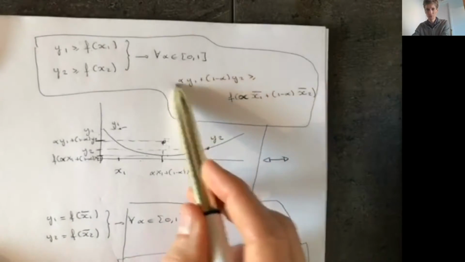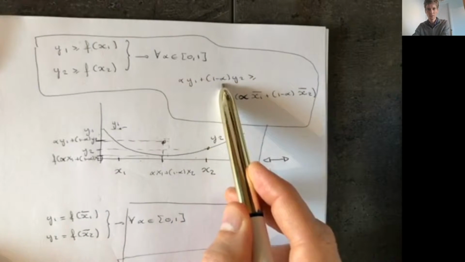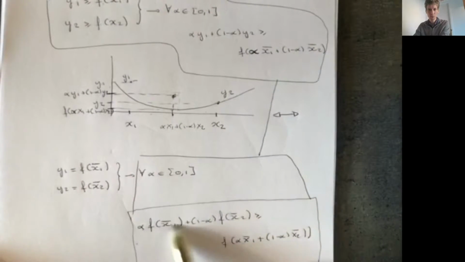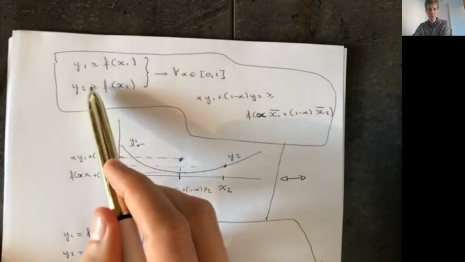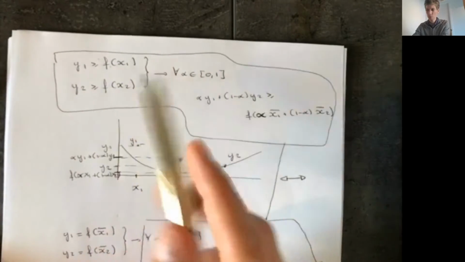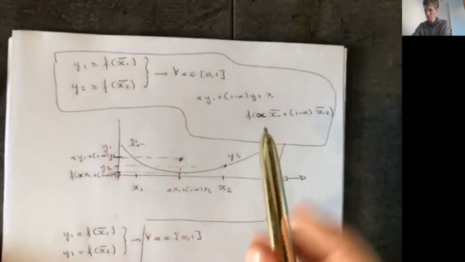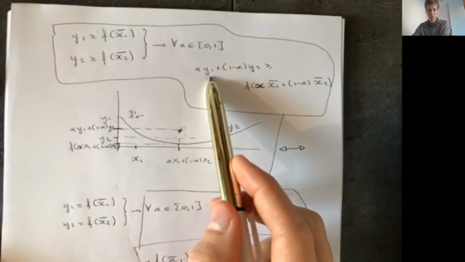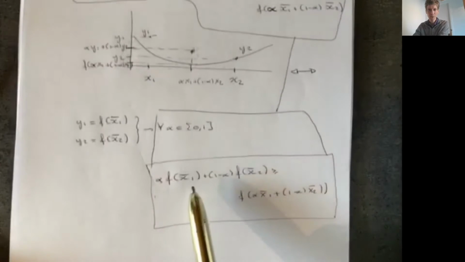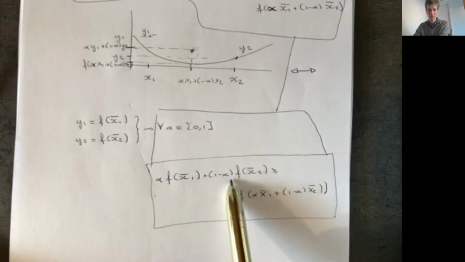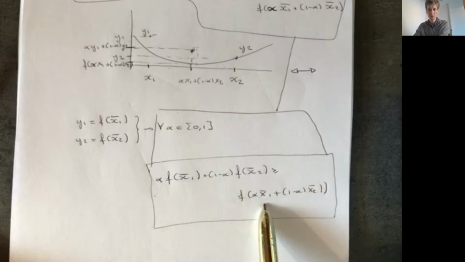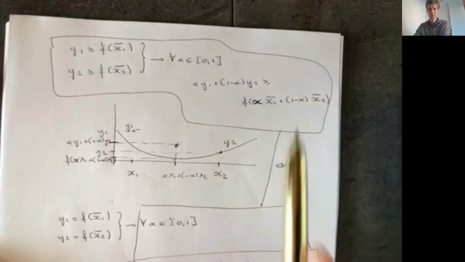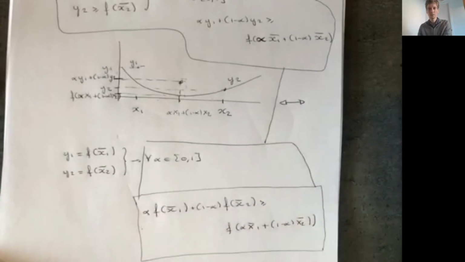You use this here to start with, then you can show that this is greater or equal to this, by the fact that y1 is greater or equal to f of x1 and y2 is greater or equal to f of x2. We can show that alpha y1 plus 1 minus alpha y2 is greater or equal to alpha f of x1 plus 1 minus alpha f of x2. Then this will be greater than this by assumption. So we can show that this is an if and only if statement.